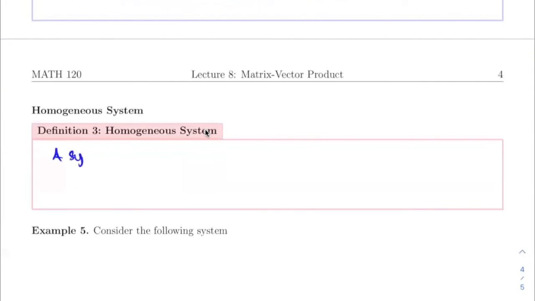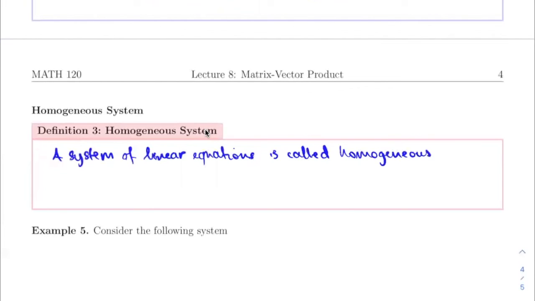So a system of linear equations is called homogeneous if the constant vector is a zero vector.